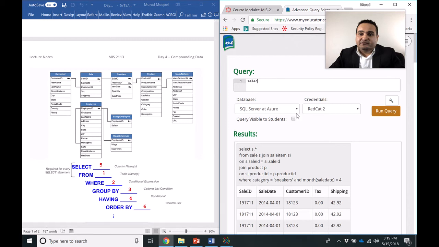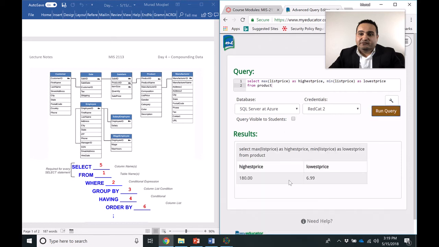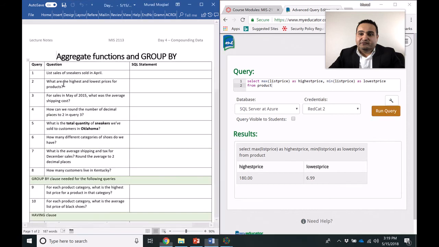So I will say select max list price as highest price, comma, min list price. So I'm using the minimum function as lowest price from product. So now I'll run it, and this is what I get. That's very straightforward. So that's the answer to the second one.